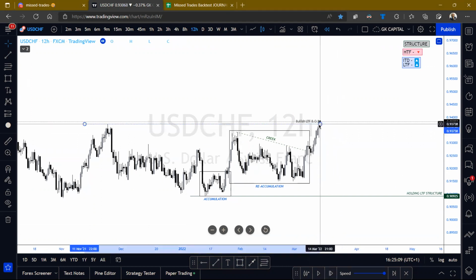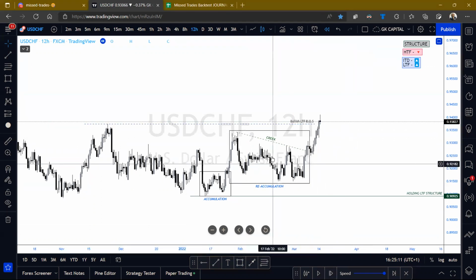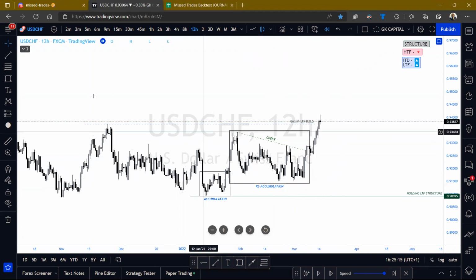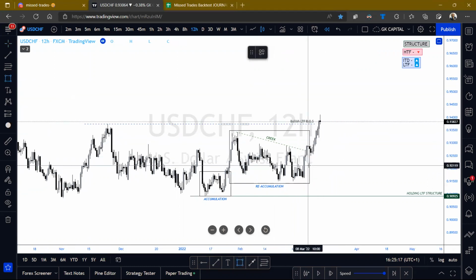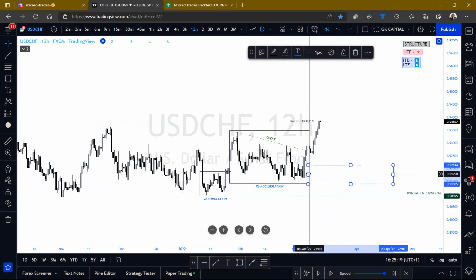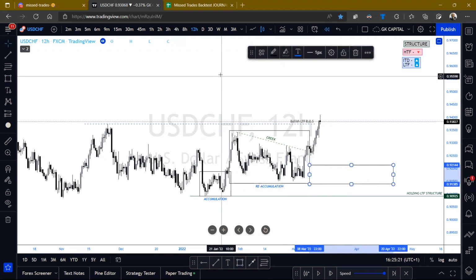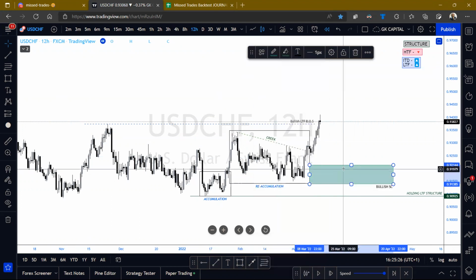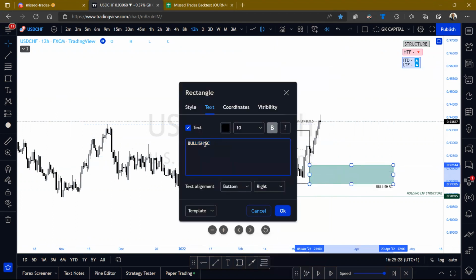Now there are. Because we broke, this is the reaccumulation. So this was the cause that made this new high. So this is now my SC. Looking into here. Bullish SC of lower time frame.